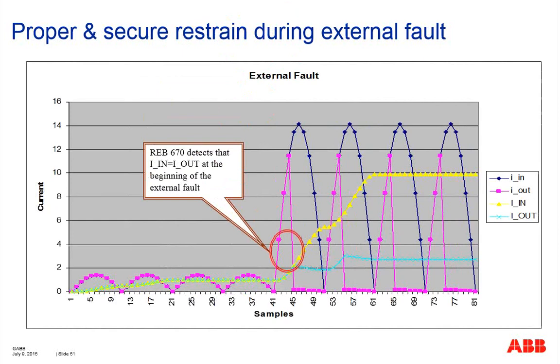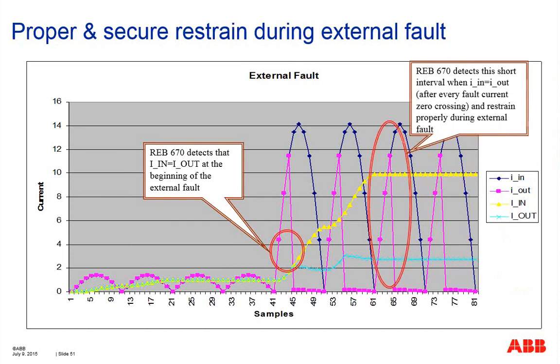You can see the relay detects the in and out at the beginning of the external fault, and because of this short interval, it restrains properly during the external fault. Although you can see after the CT starts to saturate, hopefully beyond the 3 millisecond mark, they start to drift apart, from the RMS perspective, and you start to develop the false differential current.